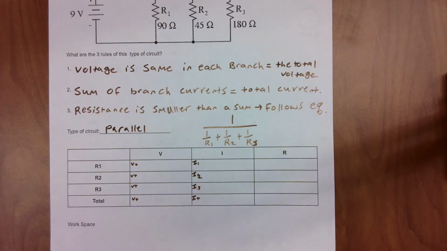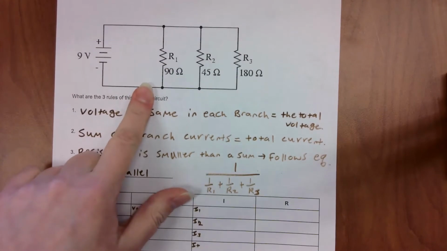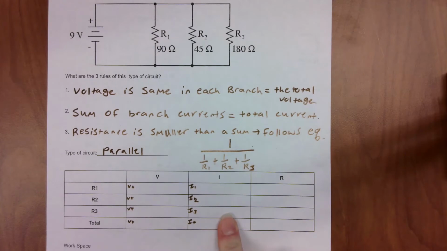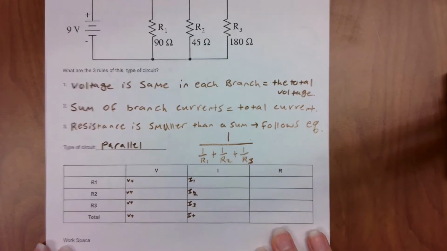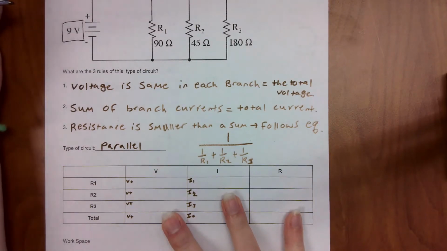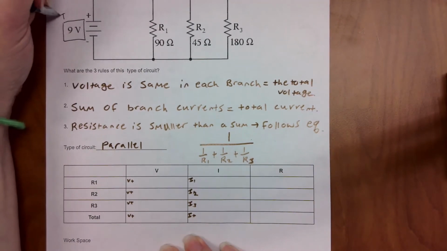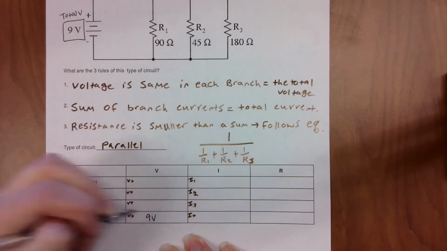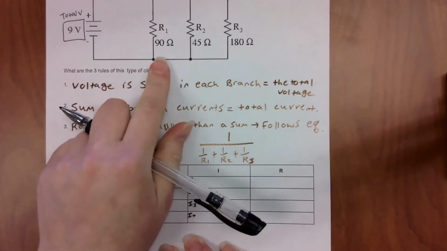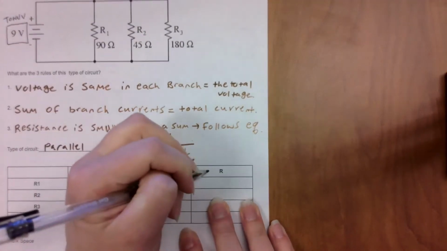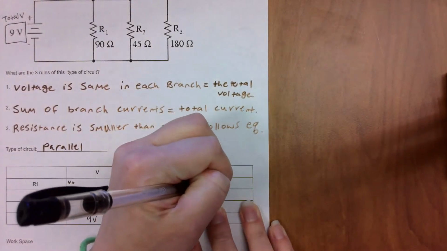So first off, let's take a look at our circuit diagram here and see if we can't fill anything out on our chart down below. First off, you can look and see that you have a 9-volt battery. That's our total voltage, 9 volts. And then we have resistors 1, 2, and 3. Resistor 1, it says, is 90 ohms.